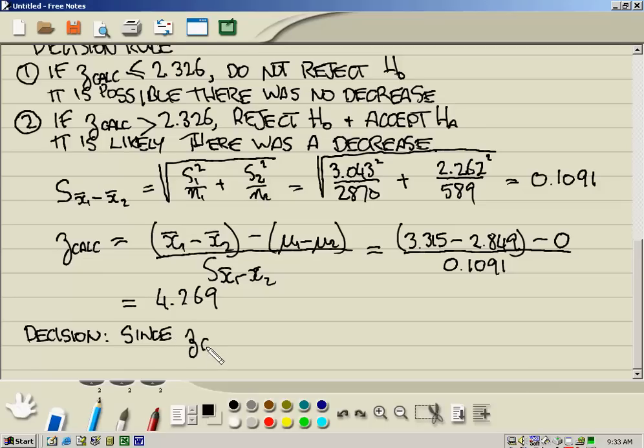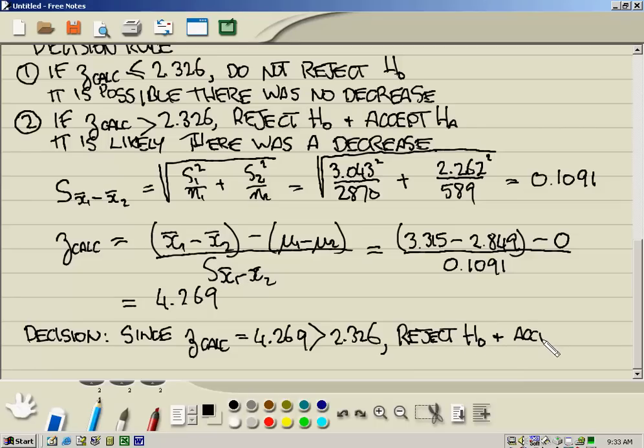since z-calc is 4.269, which is greater than the 2.326, the critical value. Those two sample averages are very far apart, so we can reject the null, which says that they're not far apart, or there's been an increase.